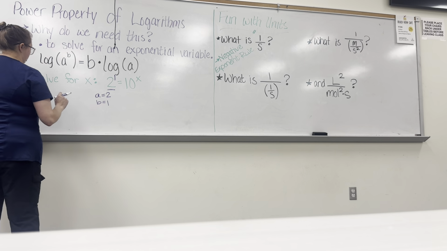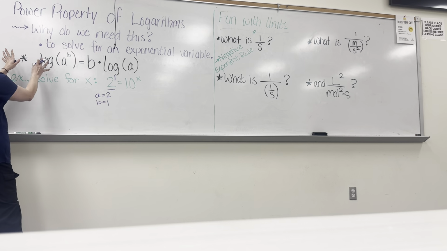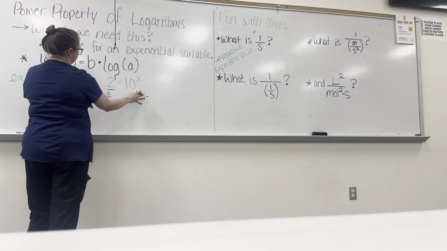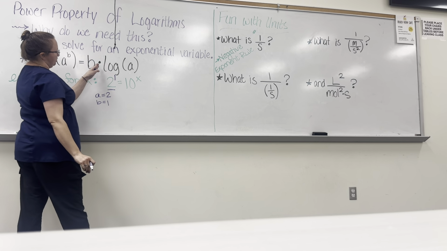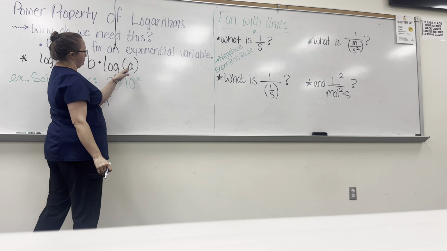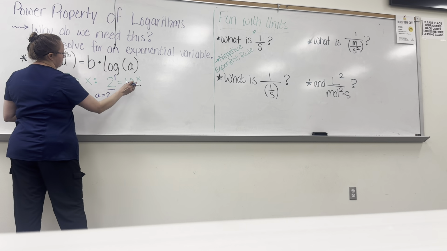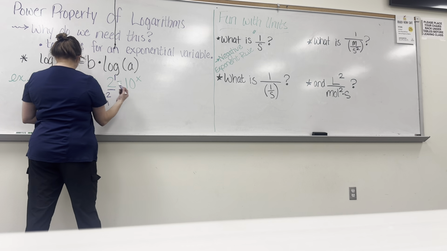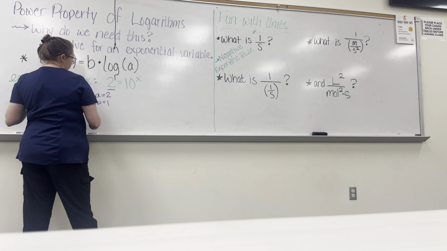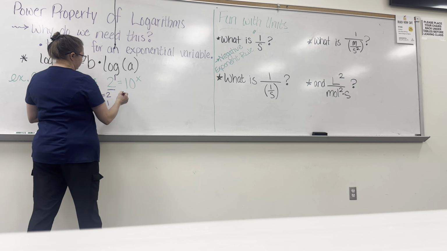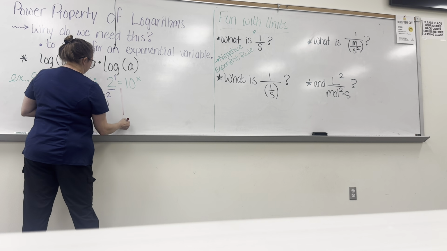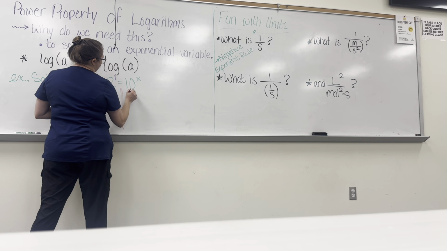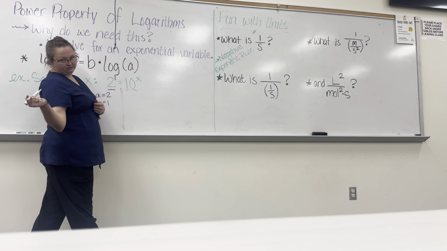All right, so that's on the left-hand side. Let's go to the right-hand side. We've got B multiplied by the log of A. Your A, pretty obvious, is going to be 10. Let me use red over here. Your A is going to be 10.